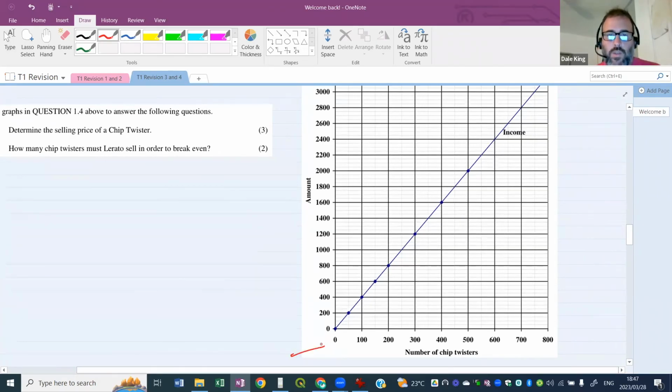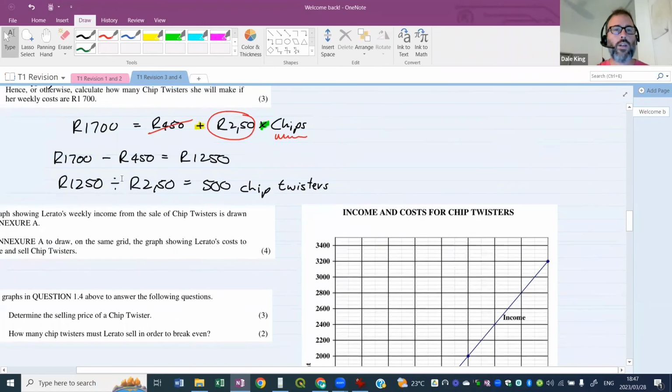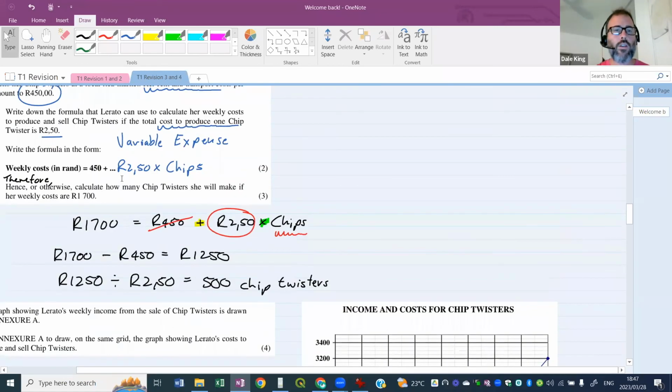Can someone tell me, for 0 chip twisters, what will her weekly costs be? You can use the formula to help you. Look at the formula and think about it.